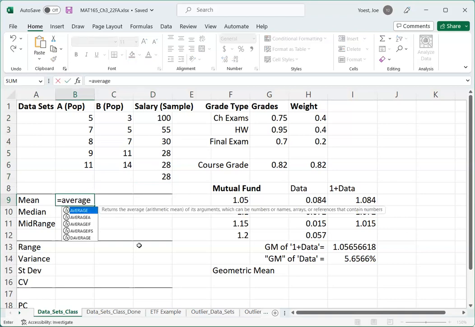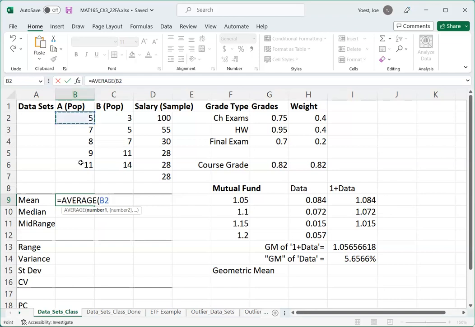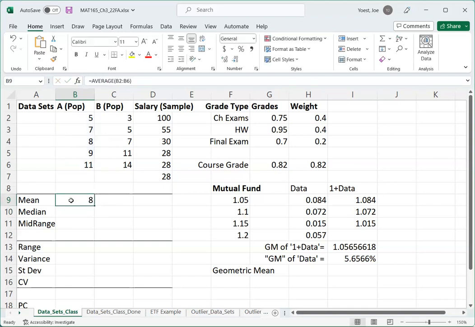As usual with Excel, if we wanted to compute something, we start with an equal sign. I want to use a built-in function, average. And then I'll just select my data. I'll end the parentheses. And I see my mean of my Ashley data was 8.